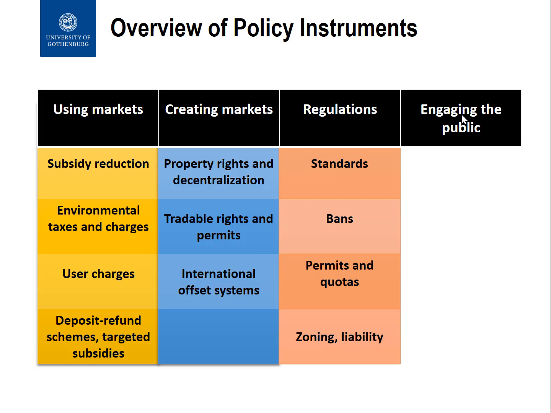When it comes to regulations, we can think of standards like emission standards, bans of certain technologies, permits and quotas, in the sense that firms are not allowed to emit more than a certain amount of emissions. There's also zoning, which means that areas of land are divided by authorities and only certain types of technologies or cars, for example, are allowed in certain zones.